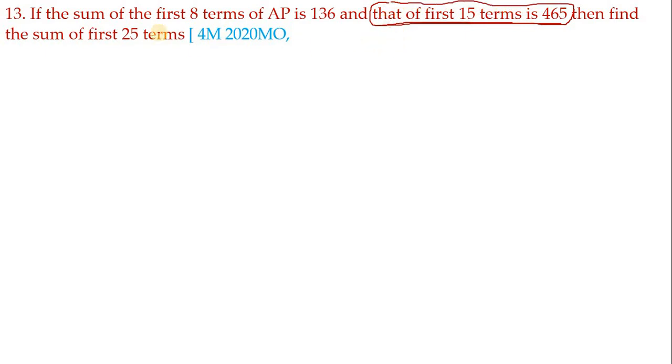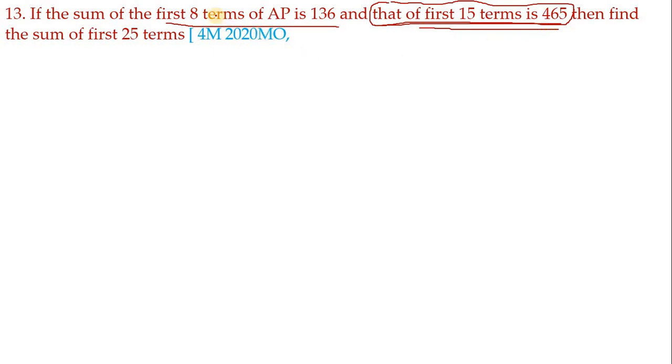It means here first 8 terms is 136, means from A1 to A8 sum is 136. Here that of first 15 terms means again from A1 to A15 is 465. That is the thing you have to understand very well. They are not saying the next 15 terms.